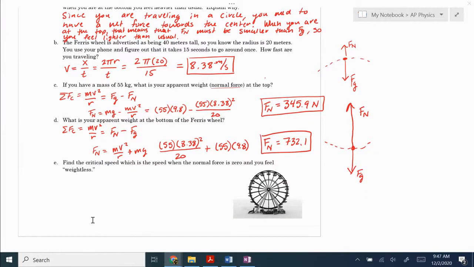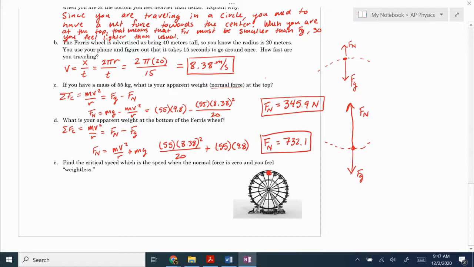Okay, lastly, let's do part E, where it says find the critical speed, which is the speed when the normal force is 0 and you feel weightless. So let's imagine we're at the very top here. That's our force diagram for part B, for something that is at the top.